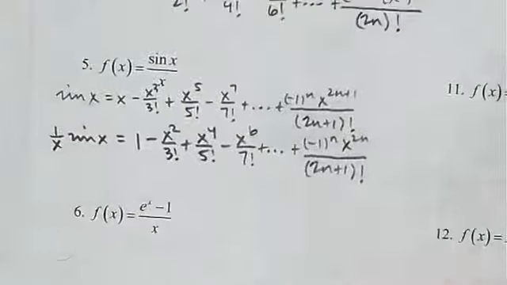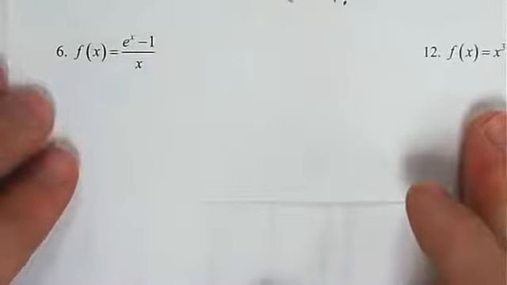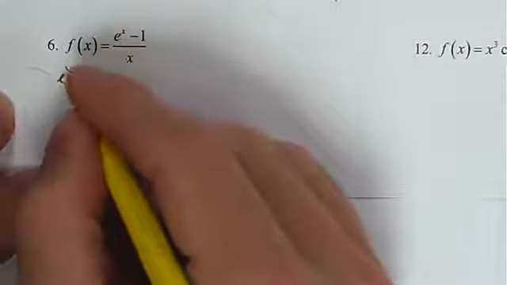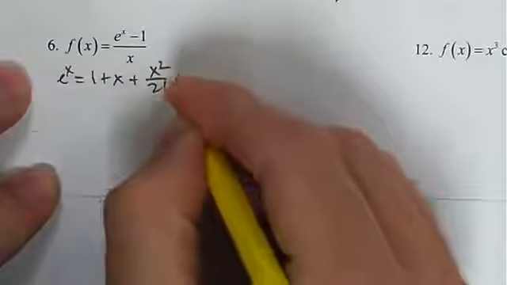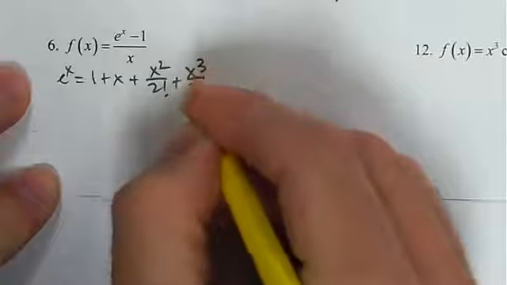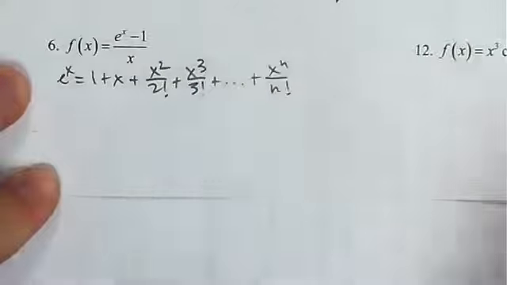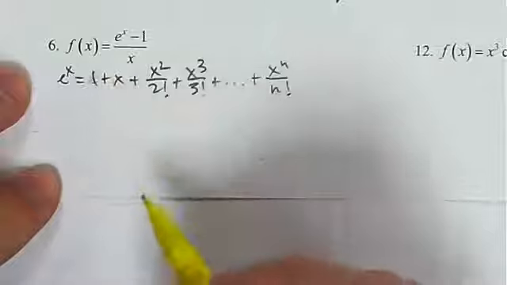e to the x minus 1 divided by x. This one we'll start with e to the x. I'm going to subtract the 1, so this will be gone, and then I'll divide by x.